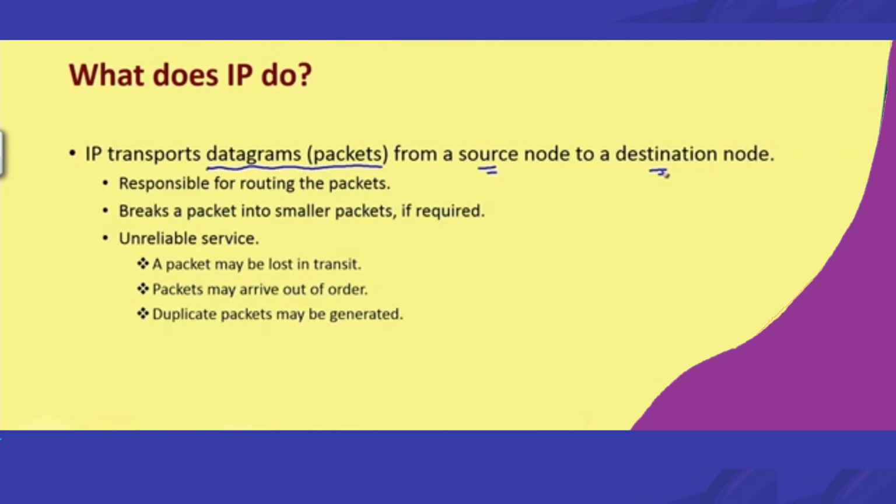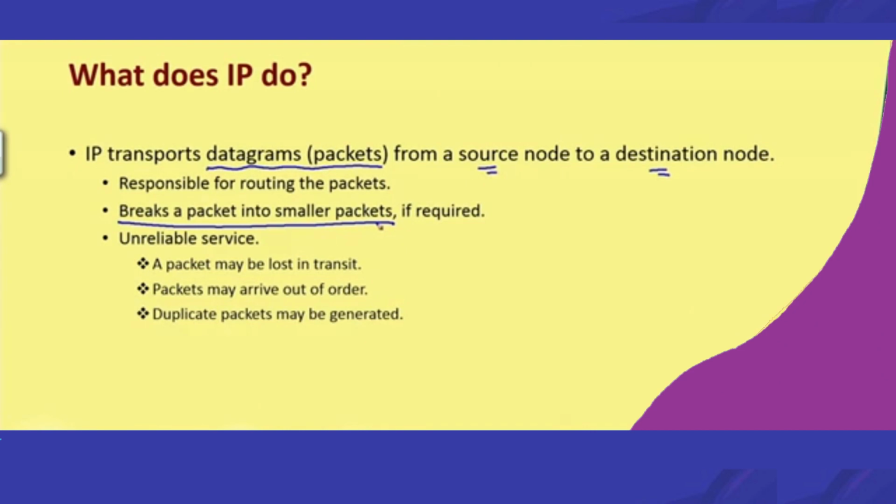So, the network layer, or the IP layer, in each of these nodes will be responsible for this routing or packet forwarding. IP has an additional responsibility. If it finds that a packet is too large, it may break it into smaller packets. This is called fragmentation. This we shall see. The point to note is that IP uses datagrams, and we mentioned earlier that a datagram is an unreliable service.